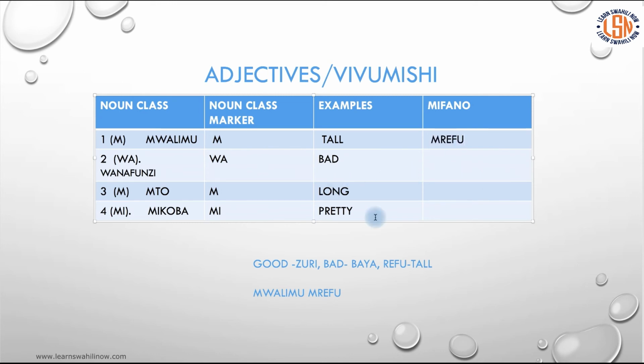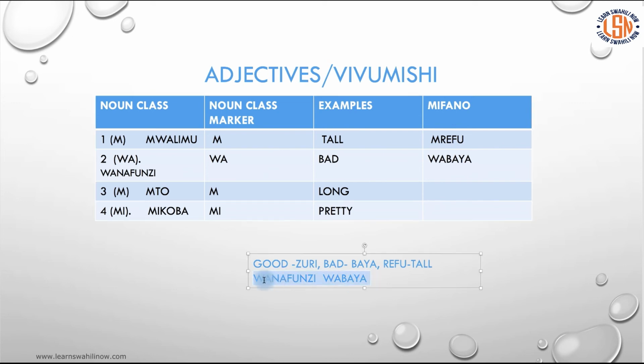How do you say bad students? Wanafunzi. And then, so baya is bad, and then we affix the noun class marker WA. So wabaya. And then, how do you say a long river?